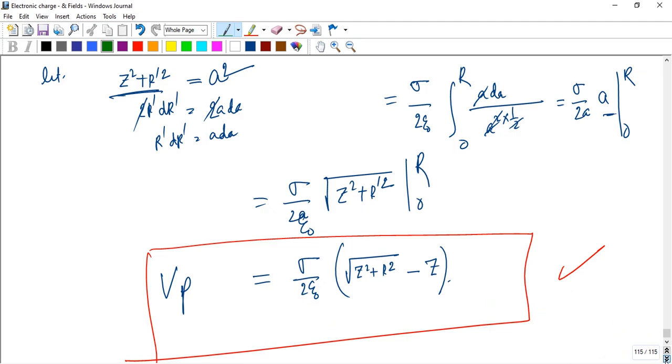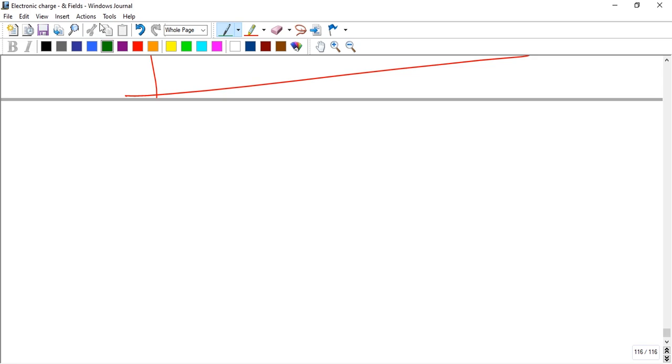Next we discuss an important conceptual topic: calculating the field from the potential.